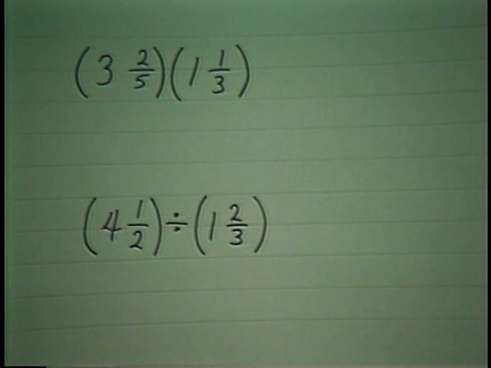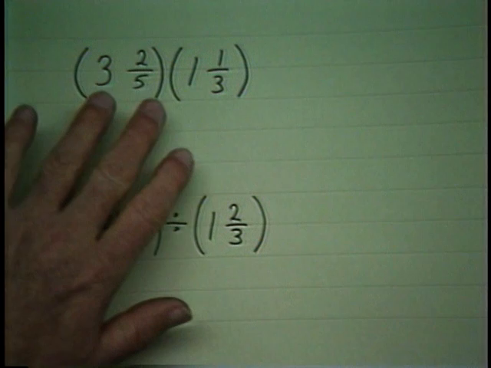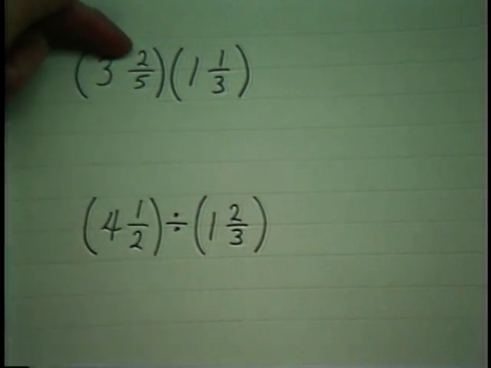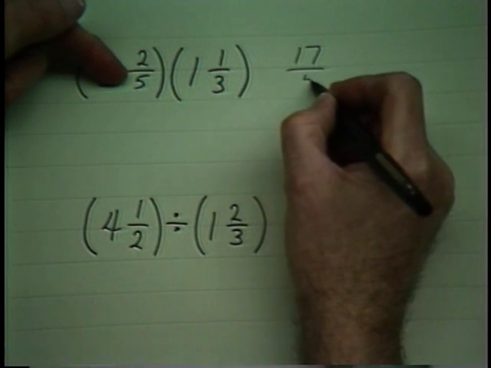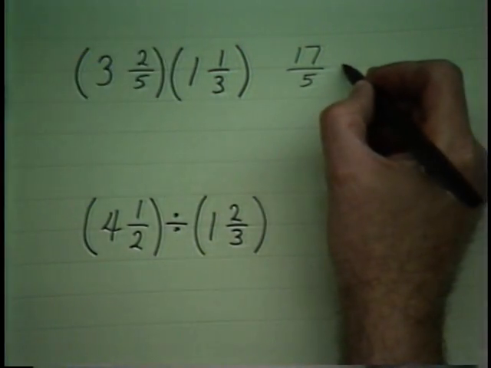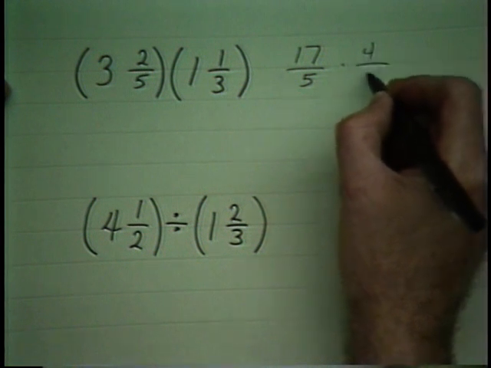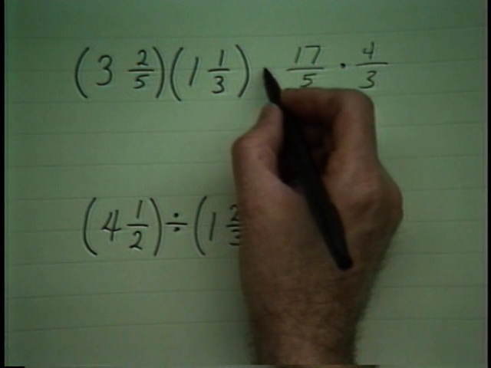So changing 3 2/5 to a fraction, that's 15 plus 2 is 17 over 5. This one's 3 plus 1 is 4 over 3. Very obvious, isn't it?